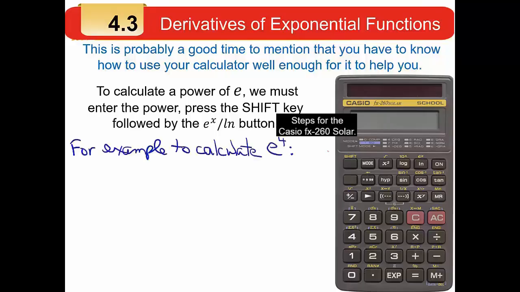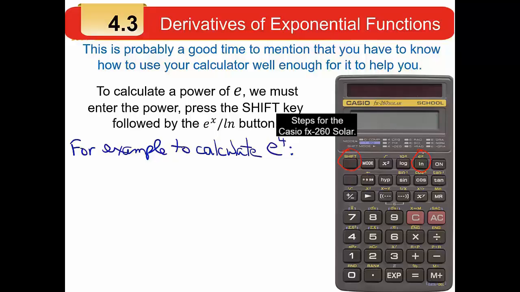And you can see it on the actual calculator I've displayed here. There's the shift key, and there's the key I'm talking about. It's got ln on the face, and it's got e to the x above. And when you hit shift, it executes the function above the main button.